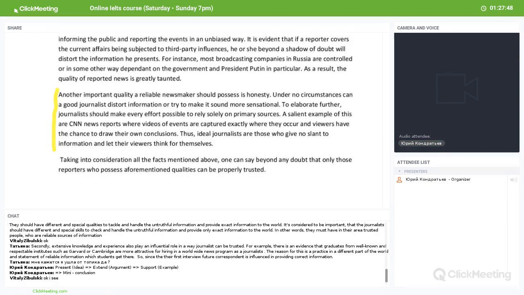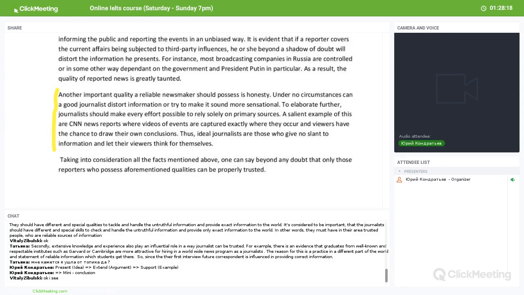So is not used before plural, as journalists without because this is only in singular. The reason for this is a practice in a different part of the world and statement of reliable information which students get there. Try to avoid get in essays because this is for speaking. So receive reliable information which students receive there. Never write get as like get married, get up, or get information, get money.